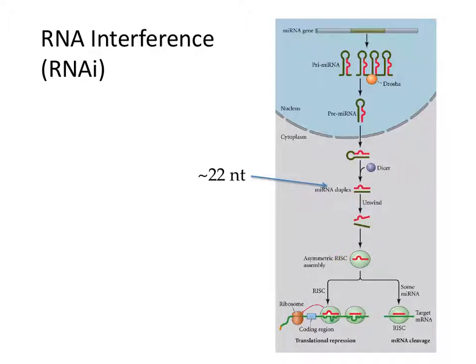So this protein basically goes around the cytoplasm of the cell and tries to find messenger RNA molecules that match its template. And when it does find a match, when a matching RNA base pairs with this microRNA, then that RISC complex, RNA-induced silencing complex, basically targets that long messenger RNA molecule for destruction. It basically cuts it up into little pieces.